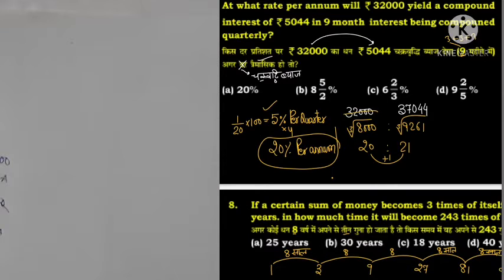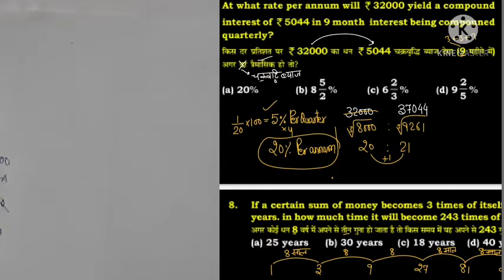At what rate per annum will rupees 32,000 yield a compound interest of rupees 5,044 in 9 months, interest being compounded quarterly? Here the principal is 32,000 and the interest is 5,044 in 9 months. Interest being compounded quarterly.